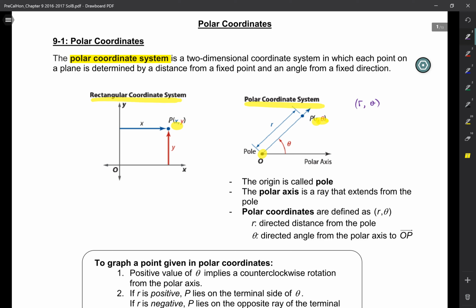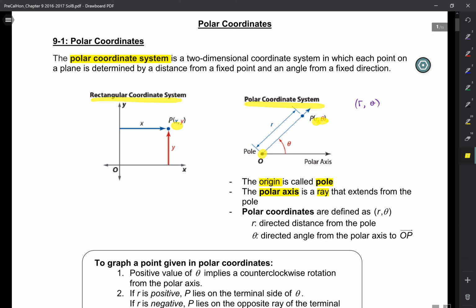Okay? All right. So let's get used to this new space. This new space also has an origin. It's called a pole. So we're not going to say origin anymore, we're just going to say pole. The rectangular coordinate system has how many axes? 2. Here we have one axis. It's called the polar axis. And the polar axis is not like the x-axis that extends in 2 directions. It's a ray that extends in 1. So it's a ray.